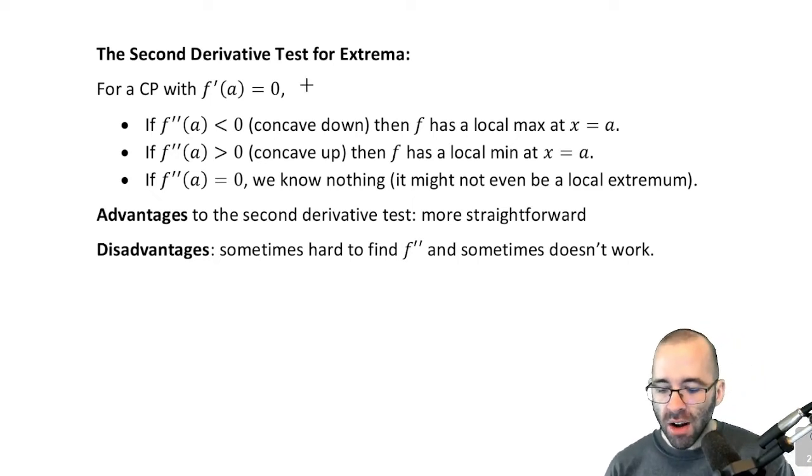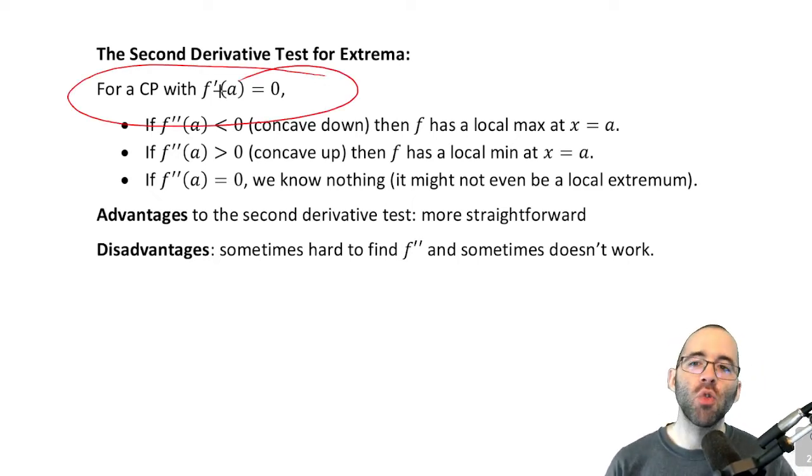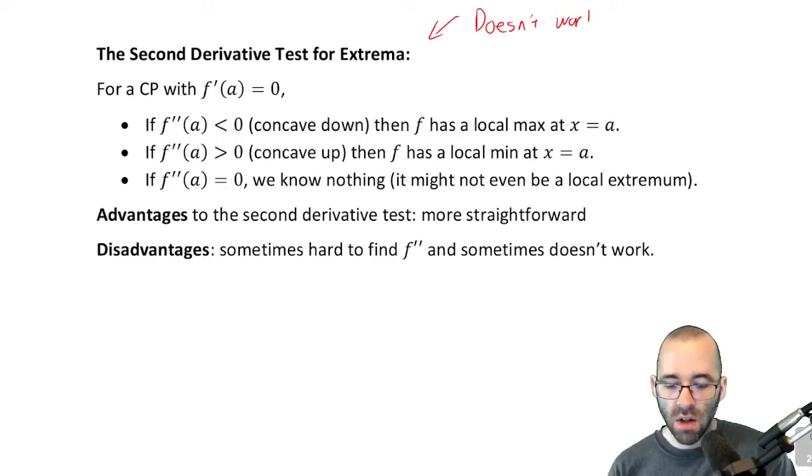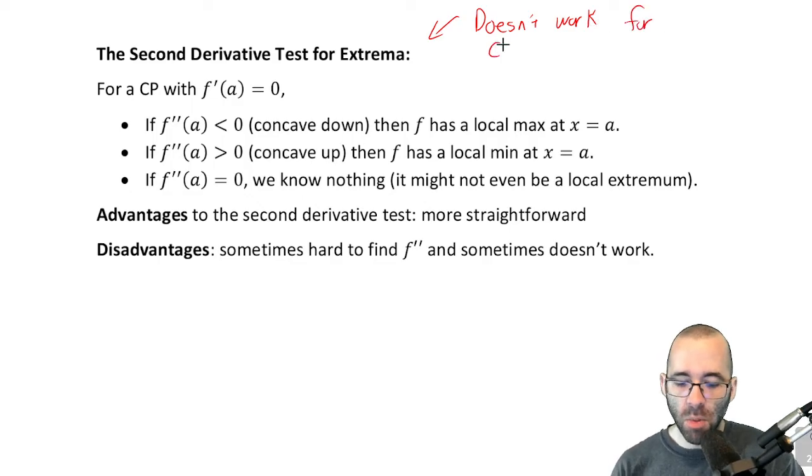So to start off, the second derivative test requires us to have a special kind of critical point. It only applies to critical points where the first derivative is 0. So this doesn't work for critical points with the first derivative not existing.